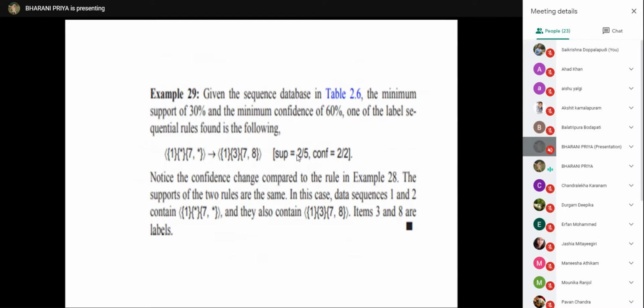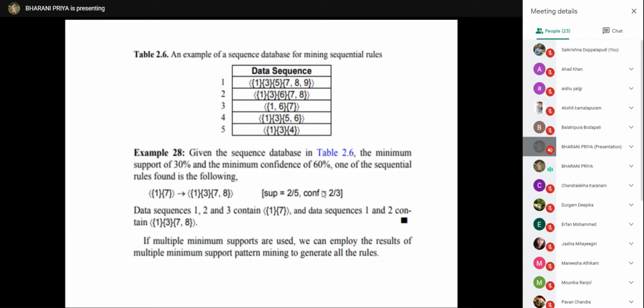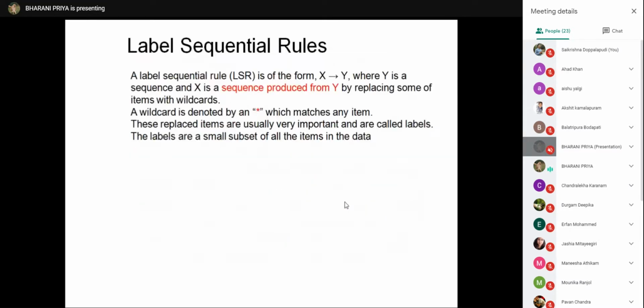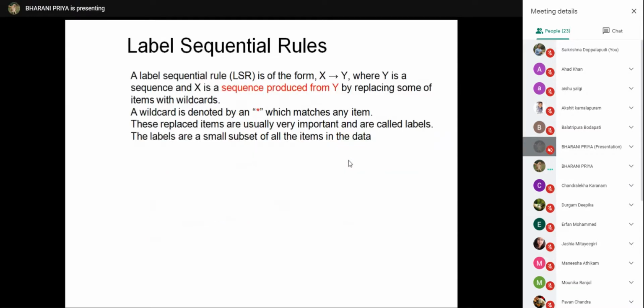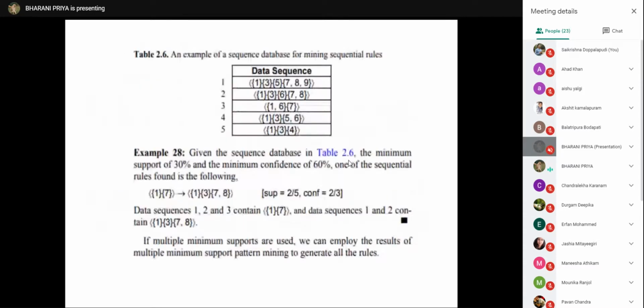If you observe, the confidence has changed here. Previously the confidence is 2 by 3, and after replacing it with the wildcard, the confidence has become 2 by 2. This is a sequence, a label sequence and a sequential rule.